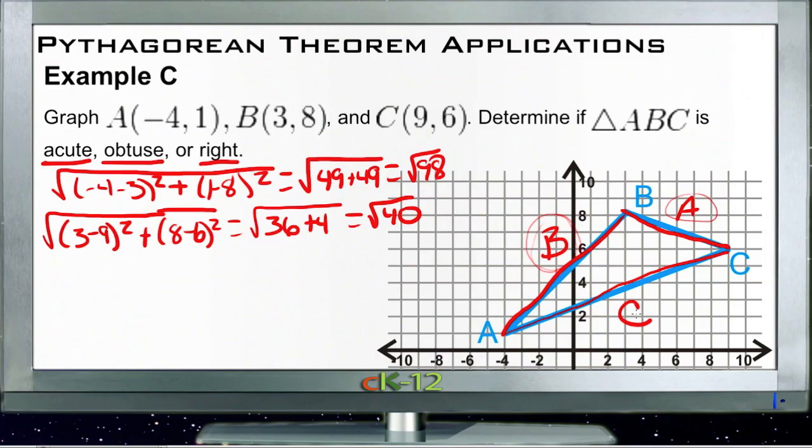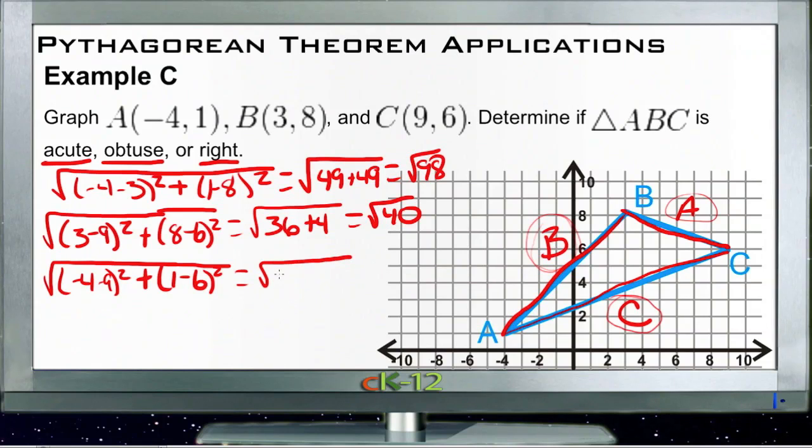And then finally AC, which we're calling side C down here, is the square root of (negative 4 minus 9) squared plus (1 minus 6) squared, which would be the square root of 169 plus 25, or the square root of 194.